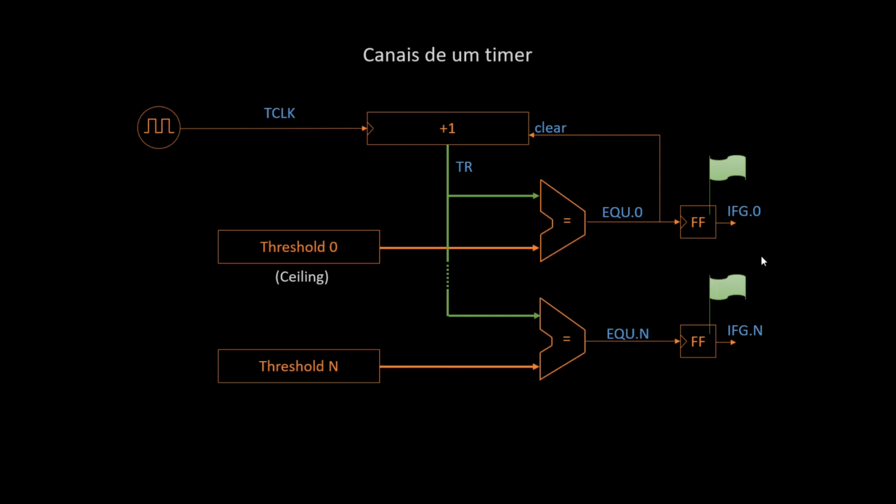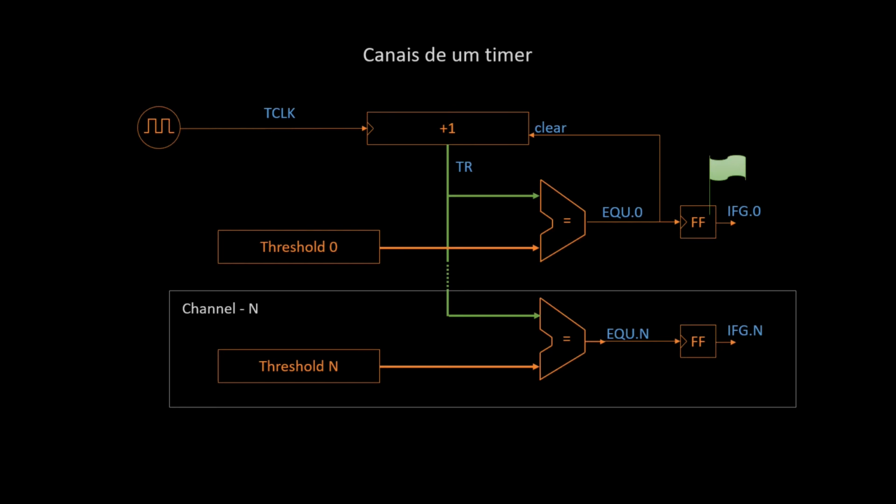This signal we call an interrupt flag. I'm going to explain why it has this name in a second. So the group of a threshold, a comparator, and an interrupt flag is called a channel of the timer.